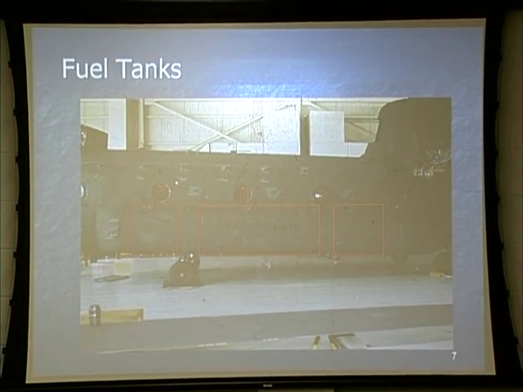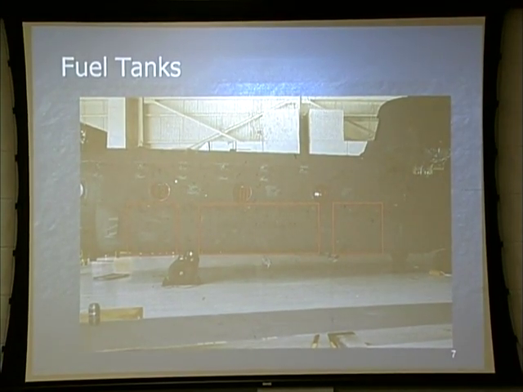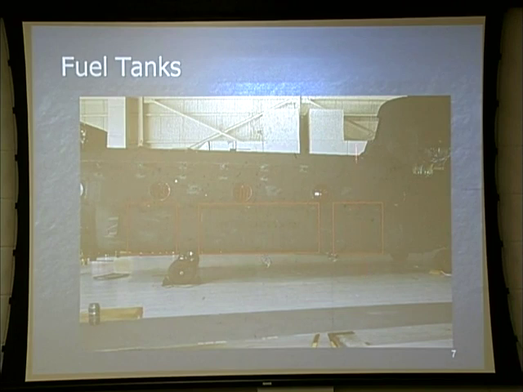Keeping in mind, during weight and balance, when Larry taught weight and balance, basically what we did was we took the two forward tanks, then we took the aft tanks and the main tanks for coming up with our CG limits. Why? Because the capacities for the aux tanks are the same. So we can do that.